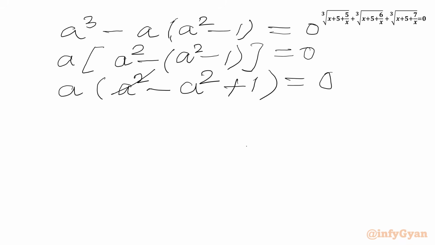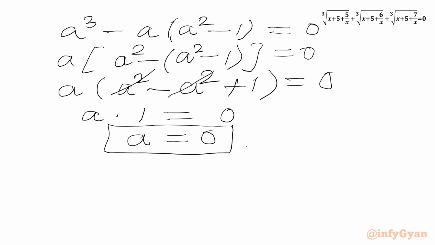Now plus a square minus a square will be 0. We will get a times 1 equal to 0, or a will be equal to 0. Now a was our substitution, x square plus 5x plus 6 equal to 0.